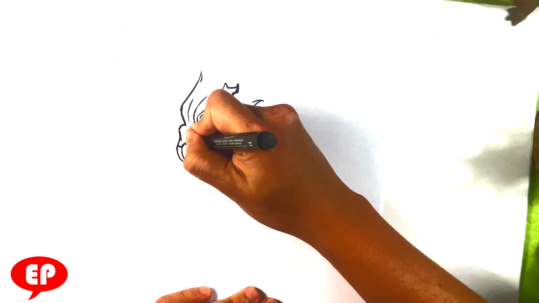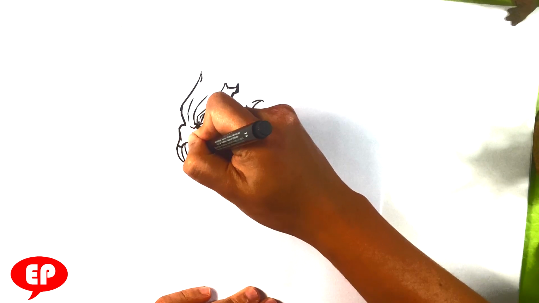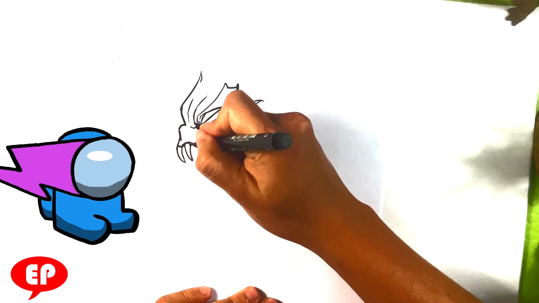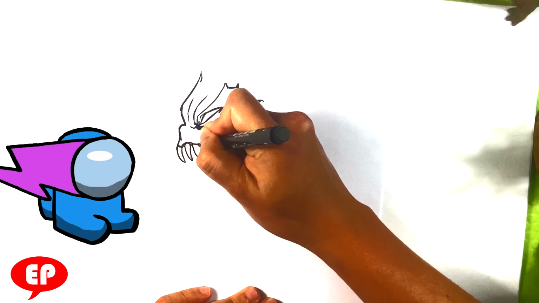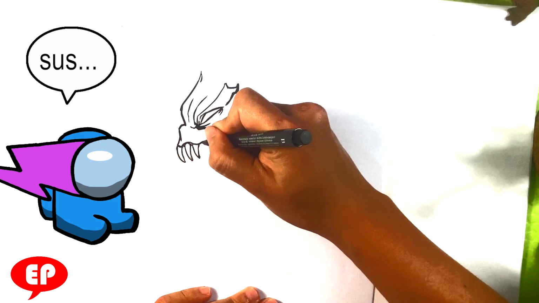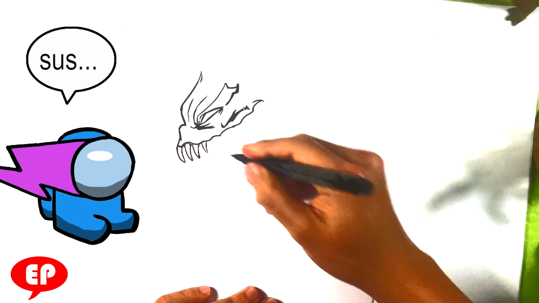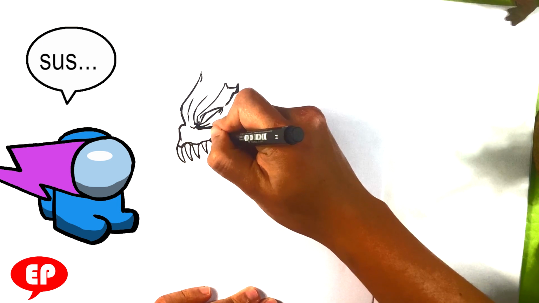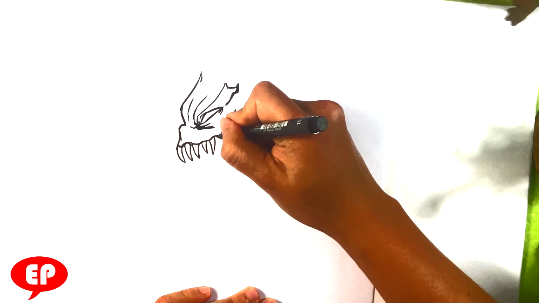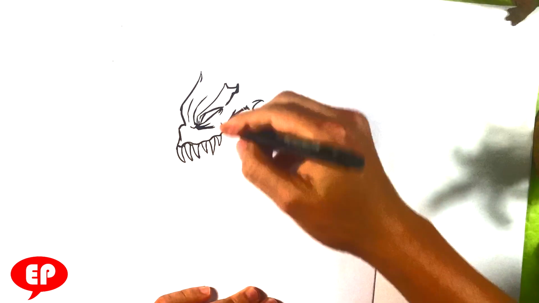Kind of reminds me a little bit of the Predator in some ways. One thing is you want to vary up the size of your teeth as well to make it look more natural for any monster design. A little bit different in the direction, how close they are to each other.